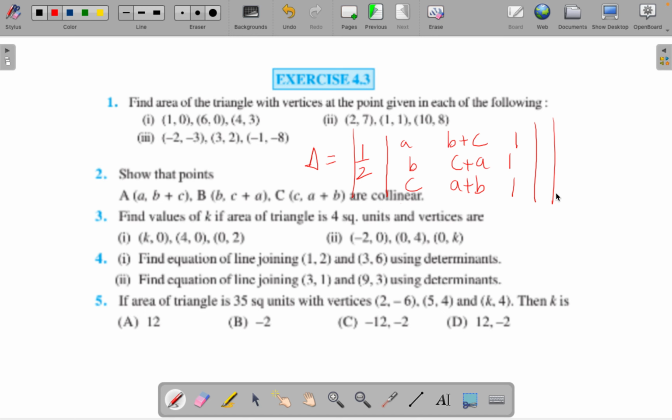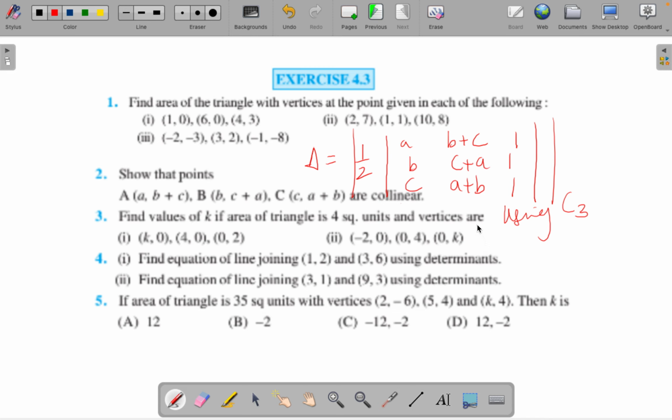Again, you can expand it using whatever you want, whether using row or column. I think it will be easier to expand it using column 3, right? If you are not going to use the properties. So just expand it using column 3.